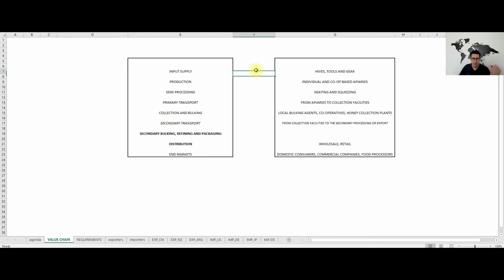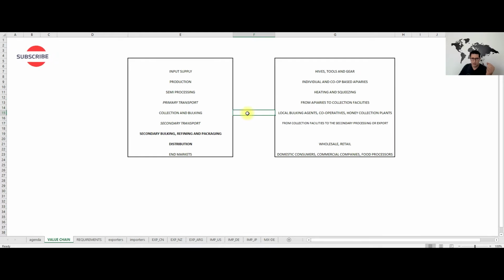And from top to bottom, we have the input supply of bees, hives, and tools and specific gear that the beekeepers need to collect and transport honey. Then you have the production of honey itself, which can be either individually or in group-based apiaries, followed by the semi-processing of honey and the primary transport of honey from the apiaries to the collection facilities.